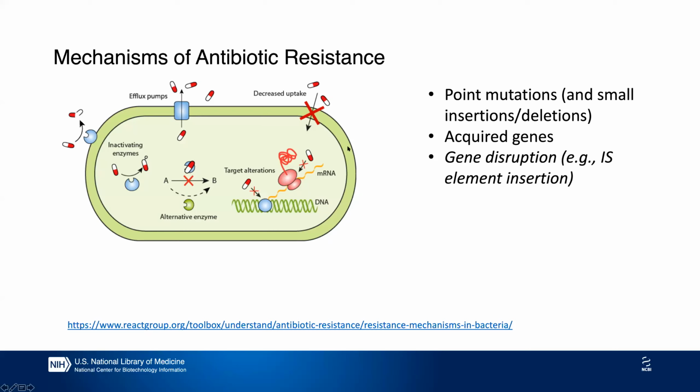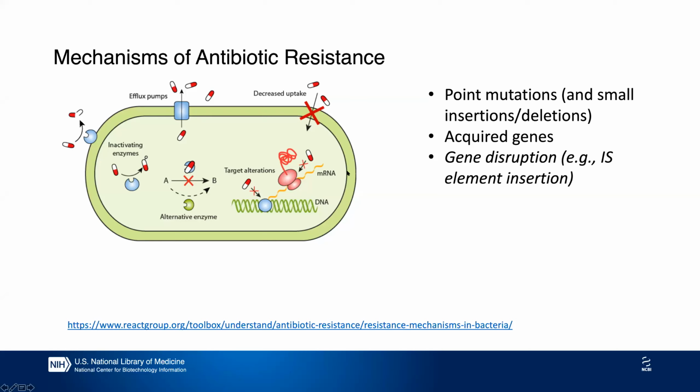And in terms of thinking about how we find these things in genomes, two of the primary mechanisms that most tools look at are point mutations and or small insertions and deletions. Those typically involve target alterations, efflux pumps, and decreased uptake. And then there are also acquired genes, and by acquired, I'm using that somewhat loosely. This is often something that's variable within a species. So it's not, let's say, a mutation in gyrase, which every organism will have.